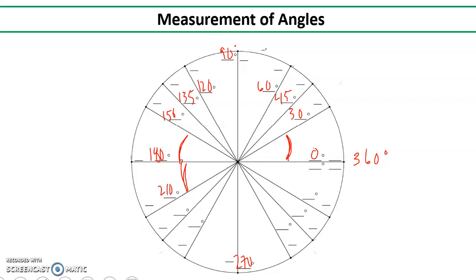So that would give me 210, 225, and then 240 degrees. Now I'm going to be 30 degrees before 360, because that's my full rotation. So this would be 330 degrees, 315 degrees in the middle, and then 300 degrees closest to the y-axis.